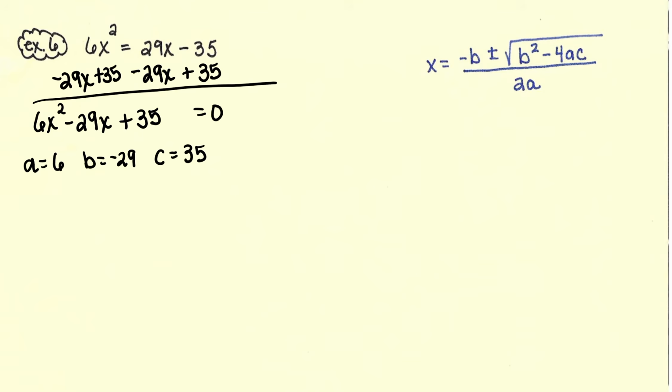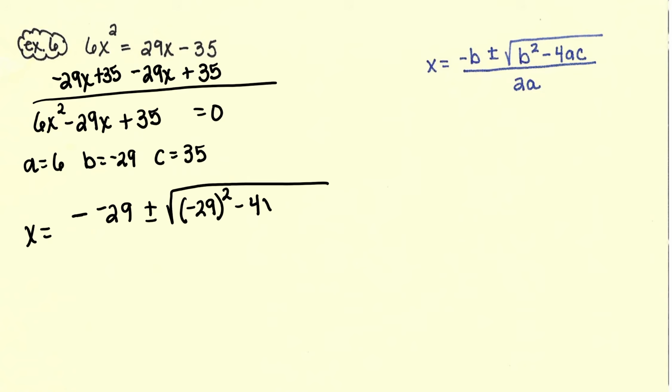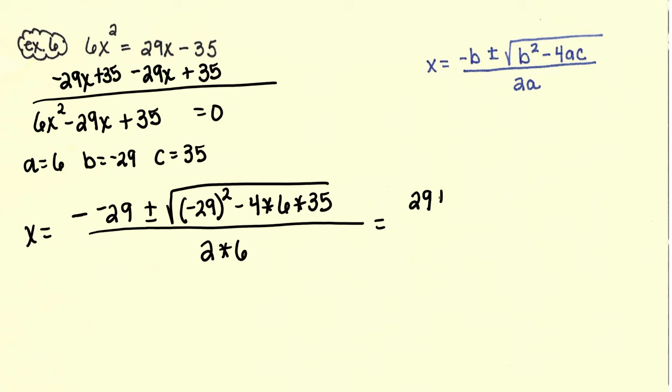These numbers are looking kind of large. So x equals negative of a negative 29 plus or minus the square root of negative 29 squared minus 4 times your A times your C, all over 2 times A. Well, there's two negatives that we know turn into a positive.